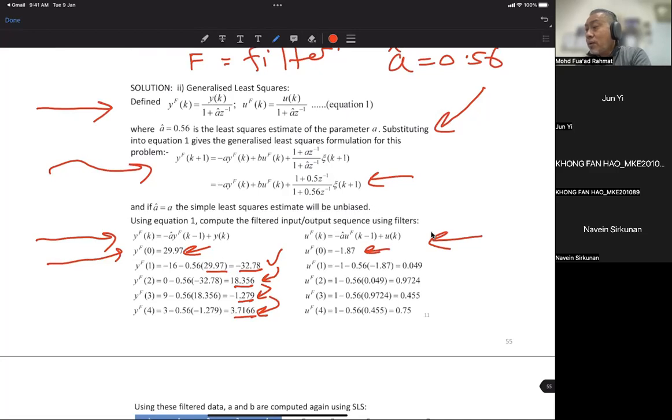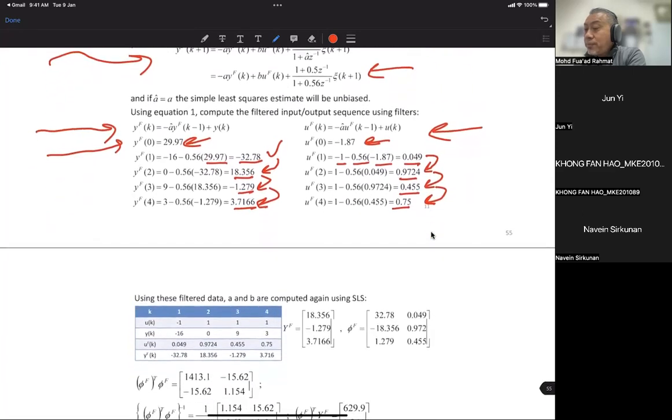So we use the formula: minus 1 from the data, minus 0.56 from the simple least square, and minus 1.87 from the given filtered value UF0, which gives 0.049. So 0.049 will be used in the second equation, the second answer will go to the third equation, and the third answer will go to the fourth equation. These values will be constructed in the table as follows.